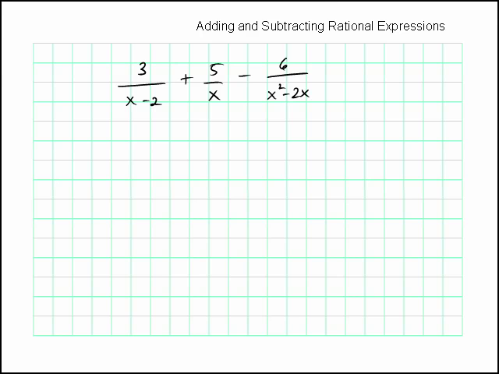Now what I'm noticing here is that this factored is really x times x minus 2. Let me write that on the side. If you factor that, that's x times x minus 2, and that happens to be the same factors over here. That's the LCD. X times x minus 2.